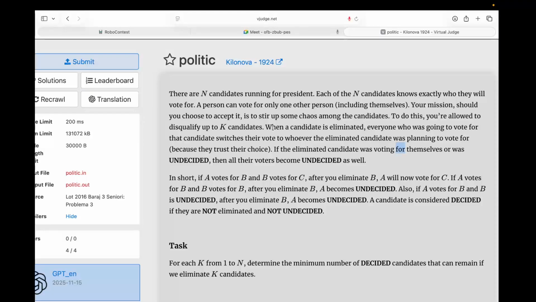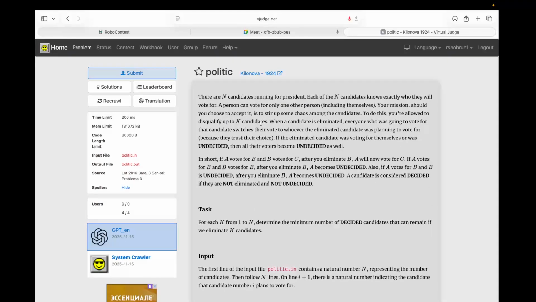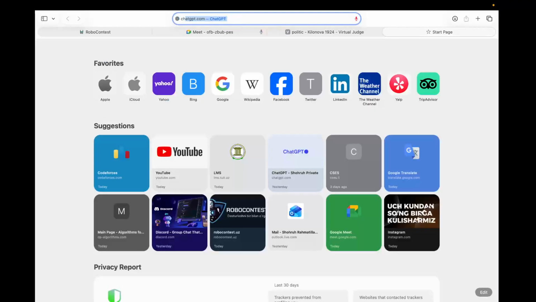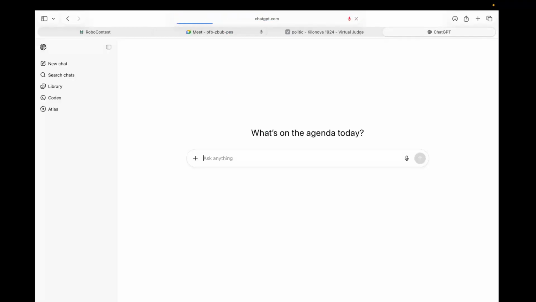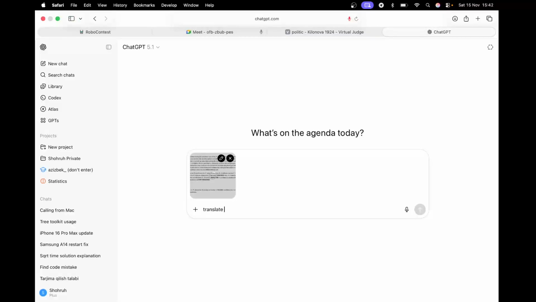And similarly, if X is undecided, then every follower of X will also become undecided. We want, given this value k of how many people we can eliminate, to know what is, after eliminating k such people, the maximum number of people that can be undecided after such a process.